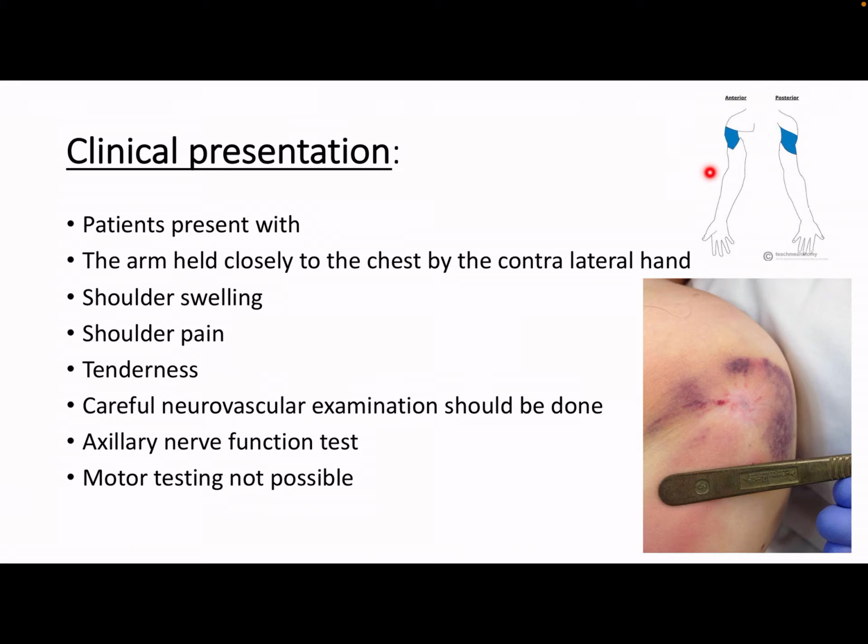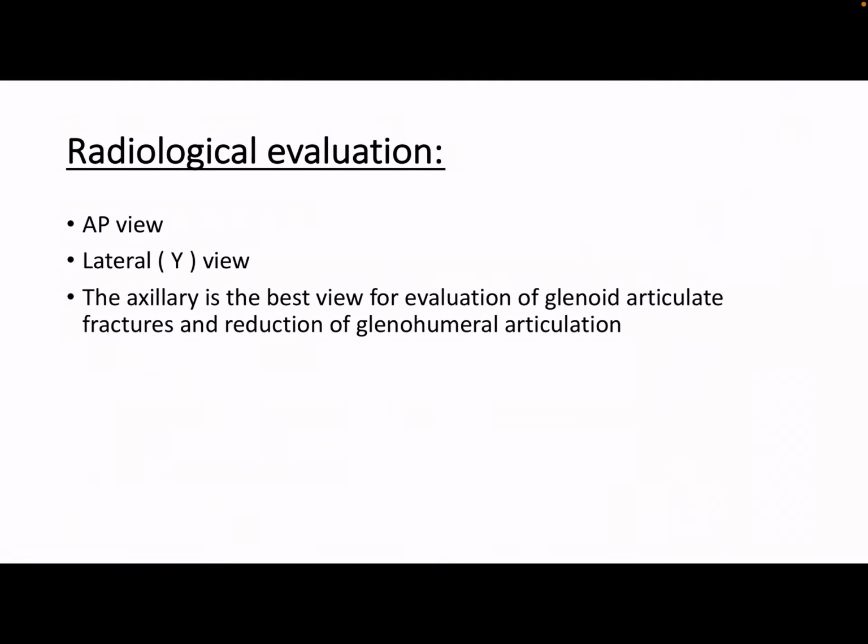It supplies this area, the lateral aspect, where the deltoid muscle is attached. You touch this area for the sensory examination to see if the nerve is intact or not. Motor testing is not possible because the joint over here is affected.